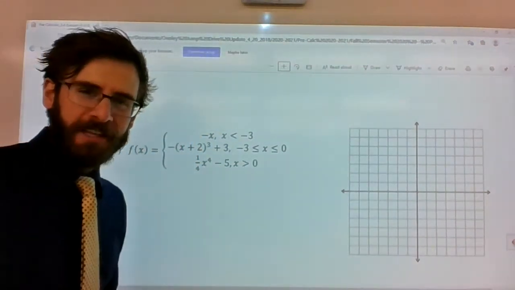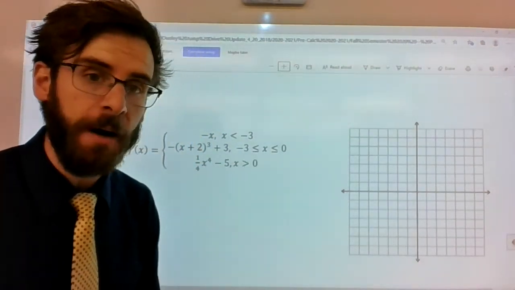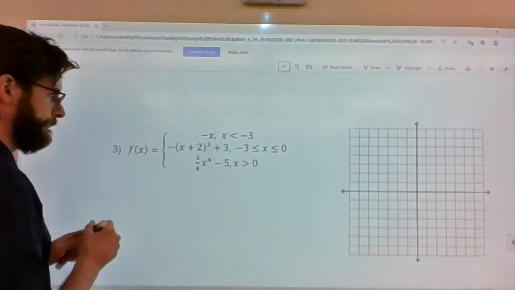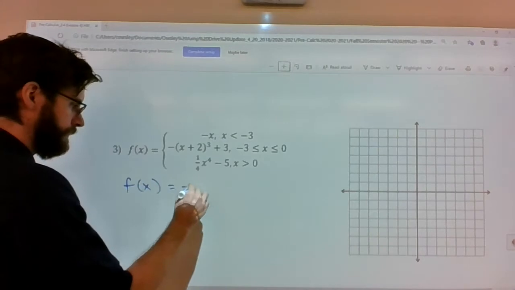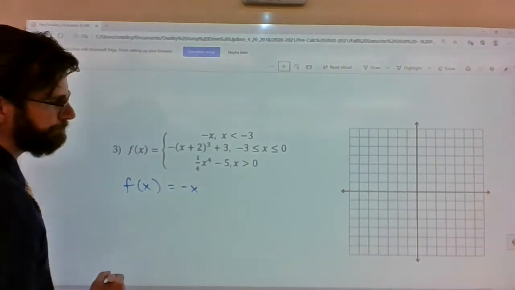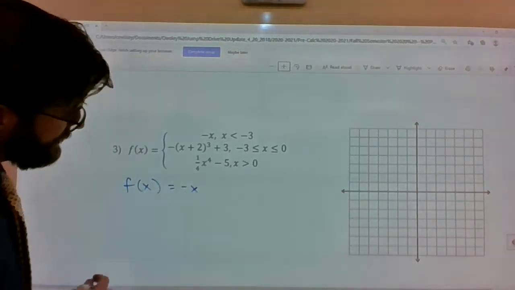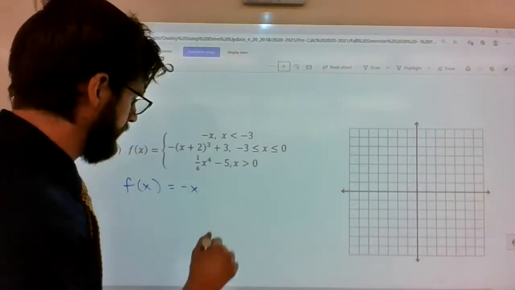I made this not extremely complicated, but just more complicated than the last couple. So here's our blue. What does the graph y equals negative x look like?